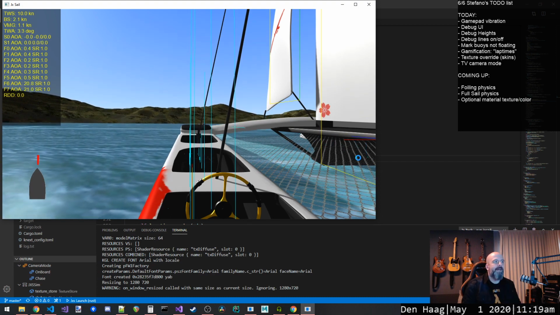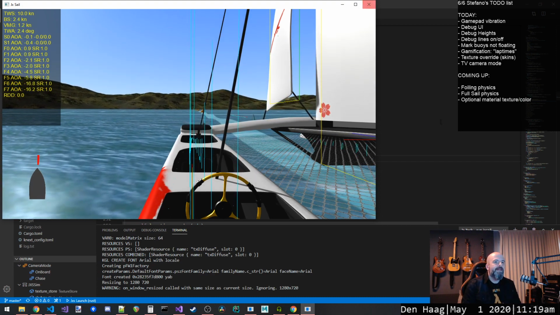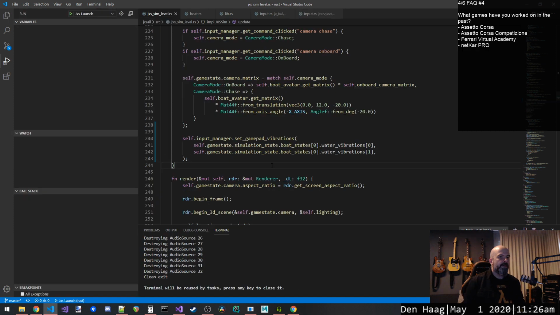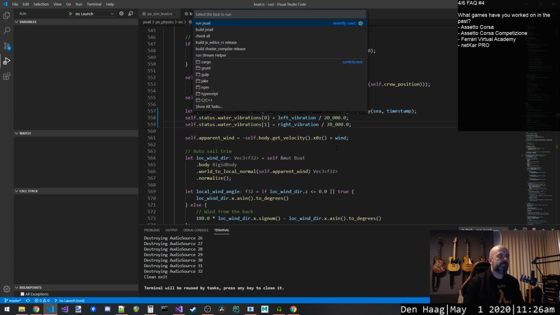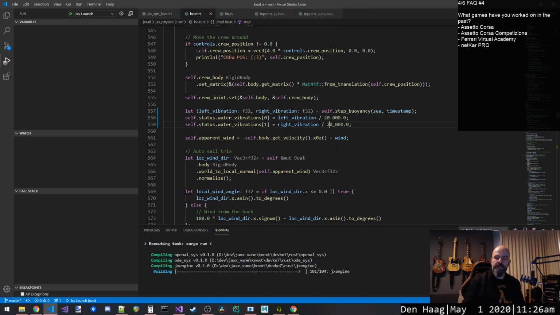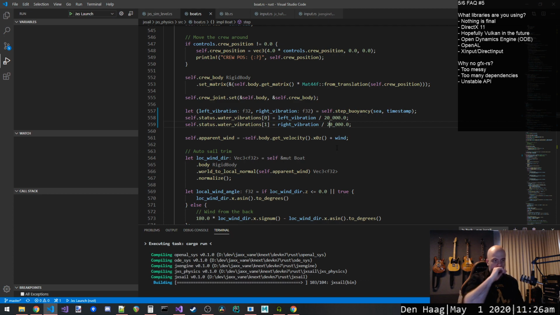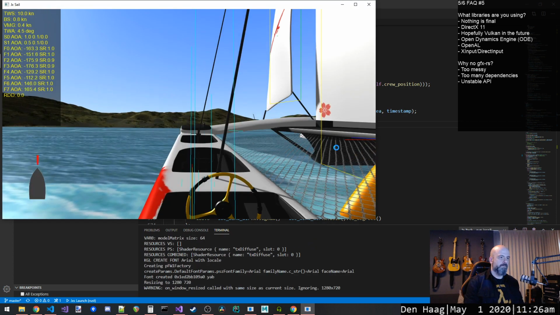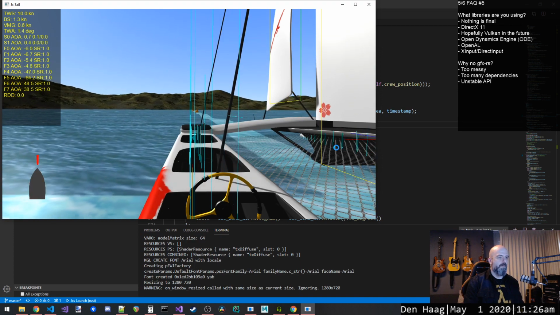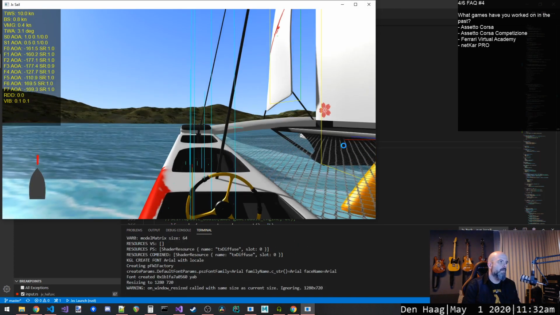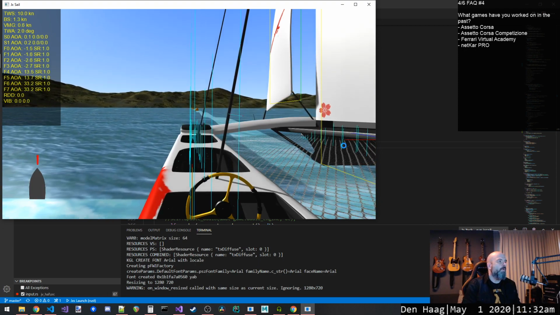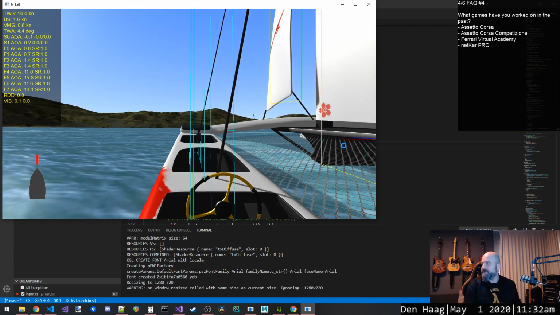I think I need a scaling factor. All right, okay, so I'm still not happy about this. I still think that this vibration can be way less than what it is, especially when the boat is not moving. So we're almost zero.